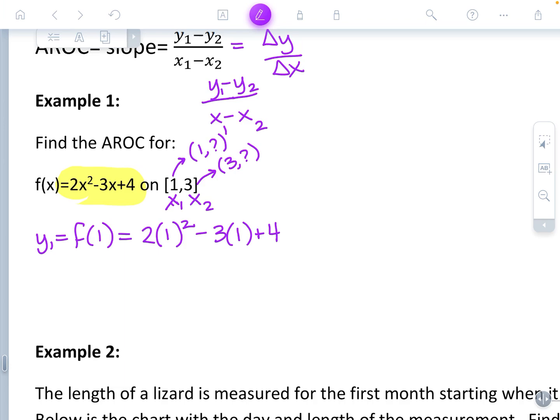So if you are plugging it into your calculator, a couple points you should note are that you should keep everything in parentheses so that you end up keeping all the operations. Things multiply when they're supposed to multiply, they add when they're supposed to add, etc. The other thing is that if you don't know how to enter in this little 2, there are 2 ways to do it.